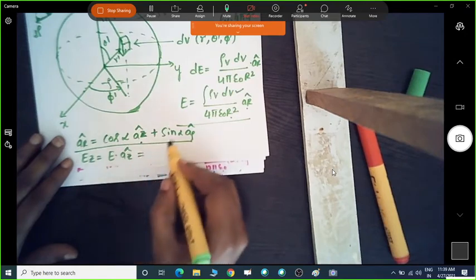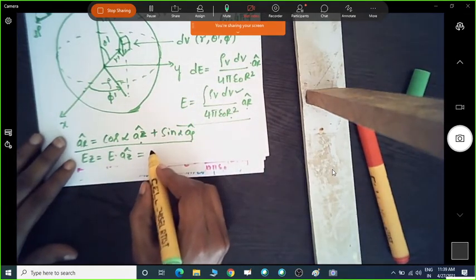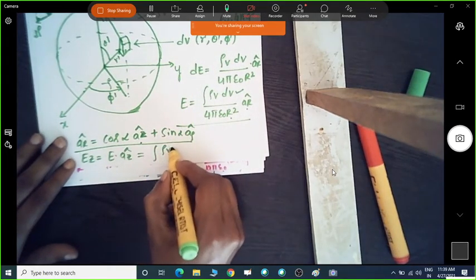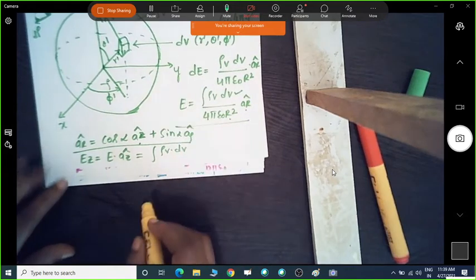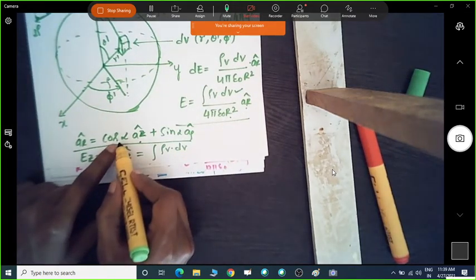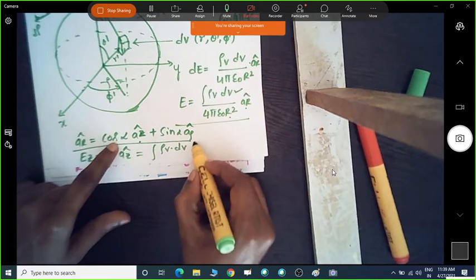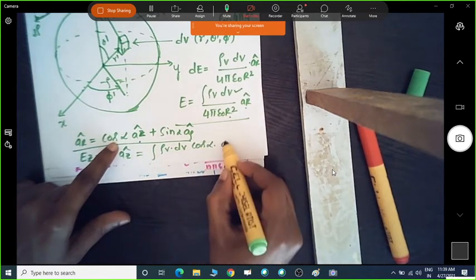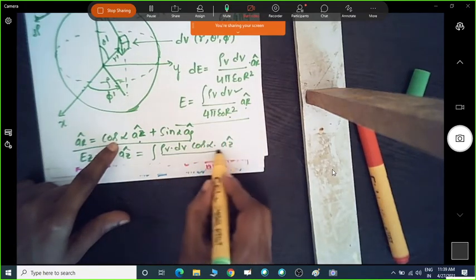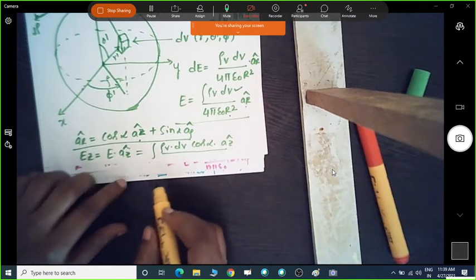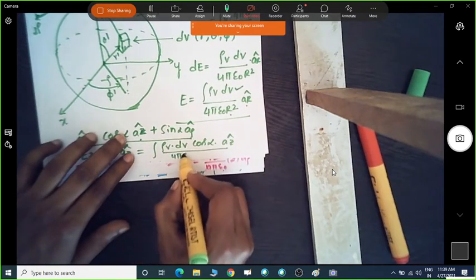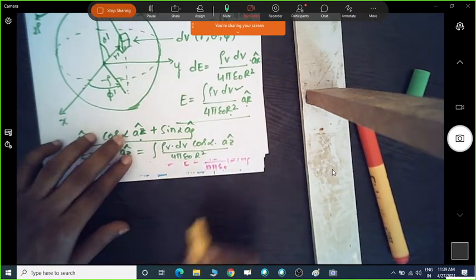So the expression is rho v into dv, and for the z component we have cos alpha into the az component, divided by 4 pi epsilon naught r square.